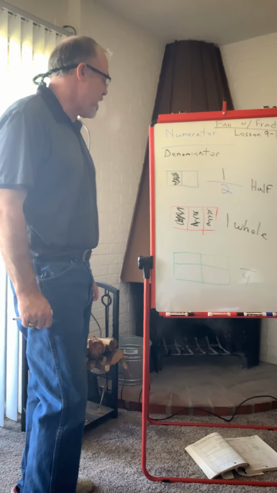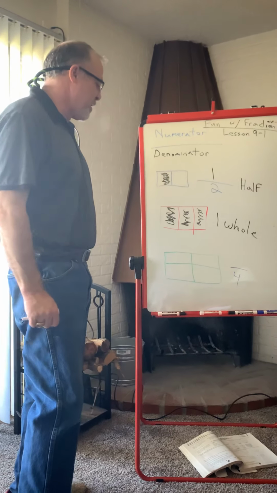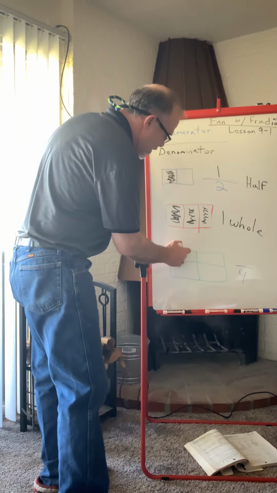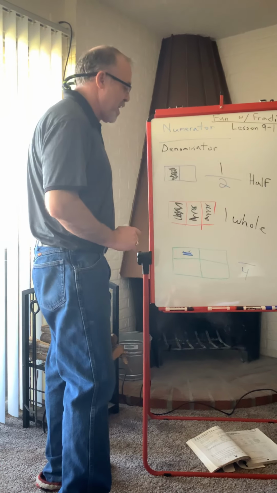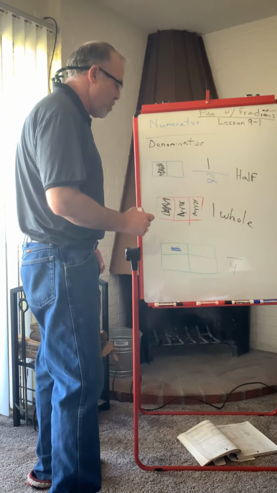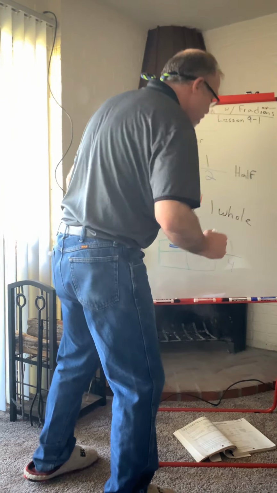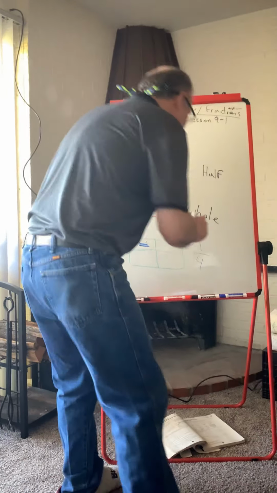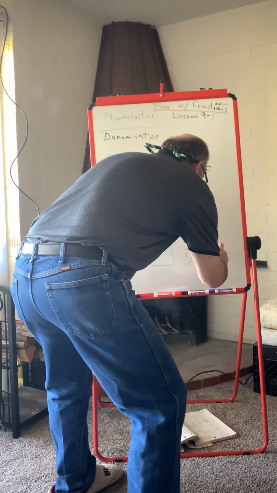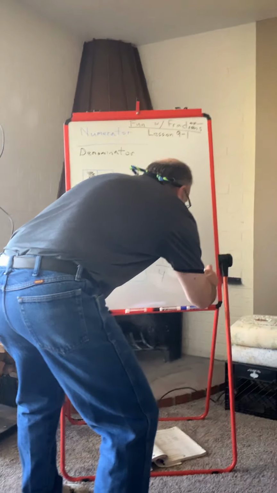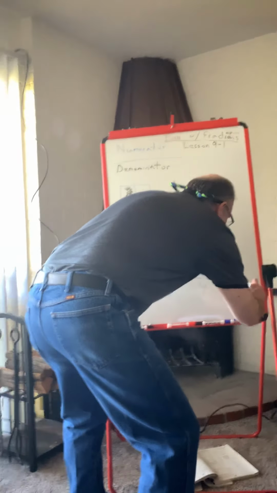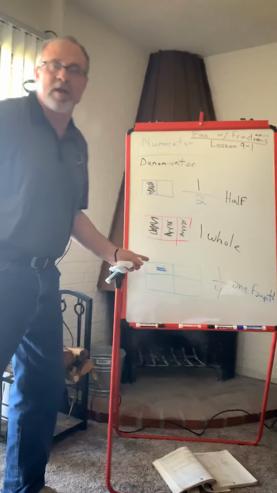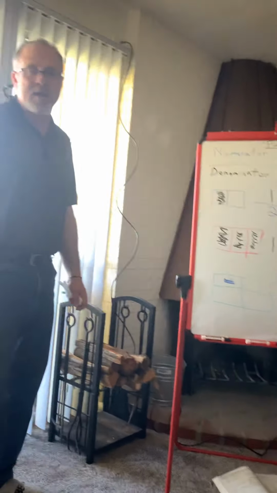Now, if I shade one of these, then this is going to be 1 over 4, or 1/4. That's in your worksheet too, but now you're starting to see something here. That's 1/4. You see that?